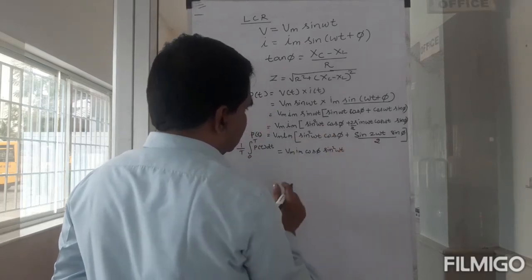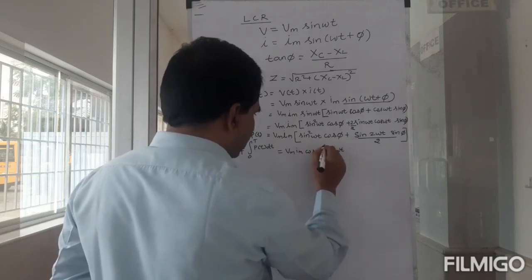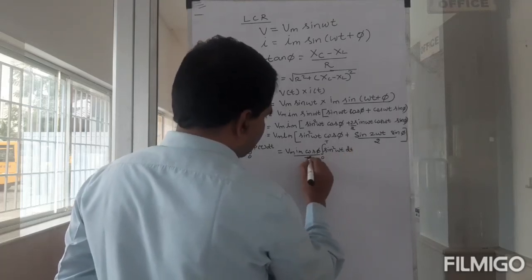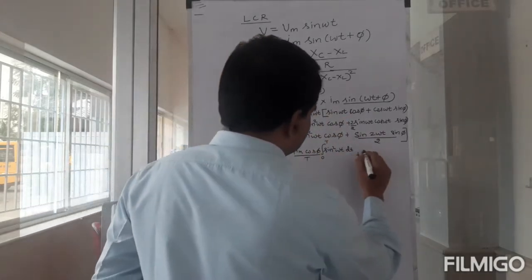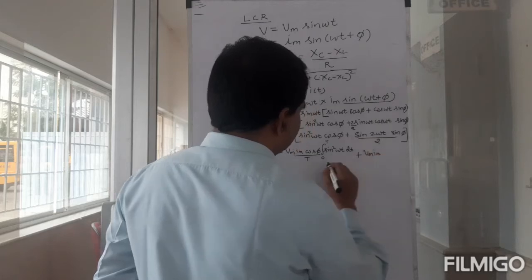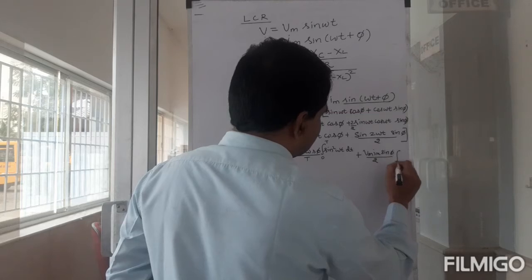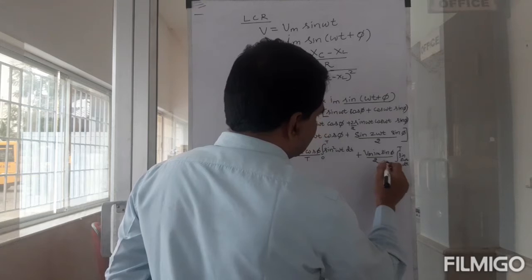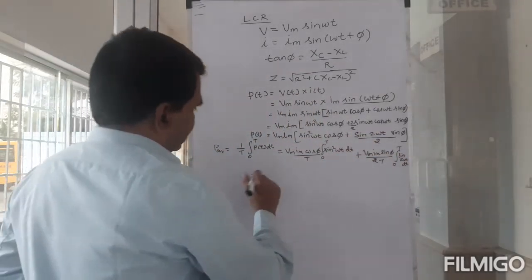This is one function, right? So I'm going to integrate this from 0 to T, dt by T. So this part, and let's do the same thing for the second part. That will be Vm Im sine phi by 2, integral 0 to T of sine 2 omega t dt by T. Okay, so this is what we get.